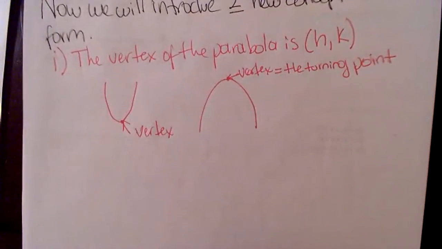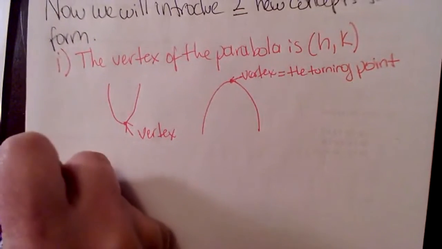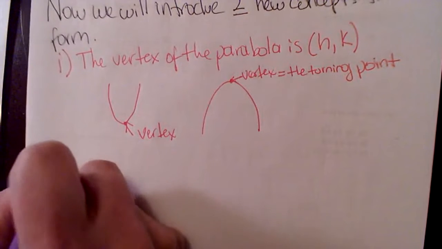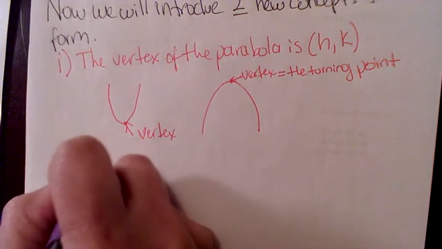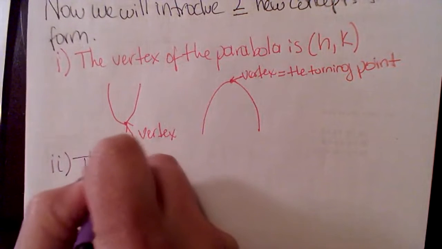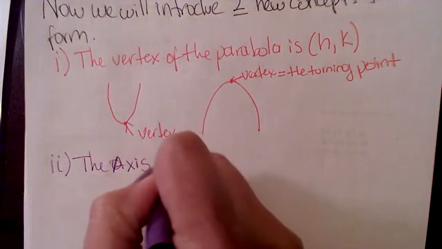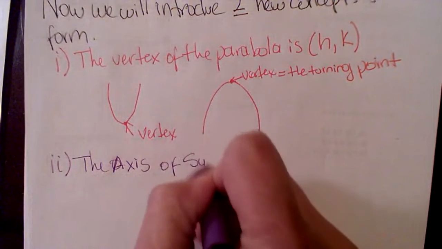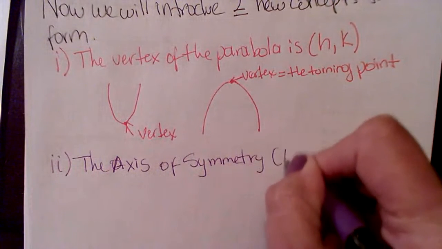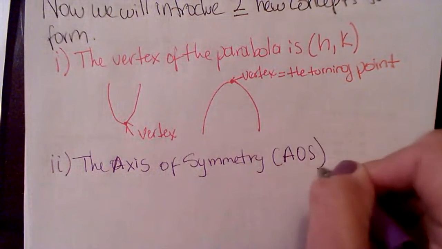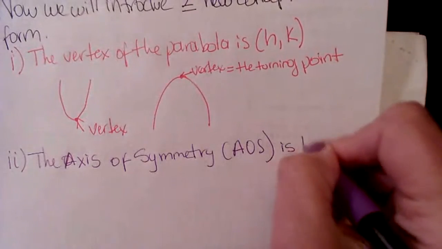Now, the other concept is the axis of symmetry. We always write it AOS, axis of symmetry. And what is the axis of symmetry?